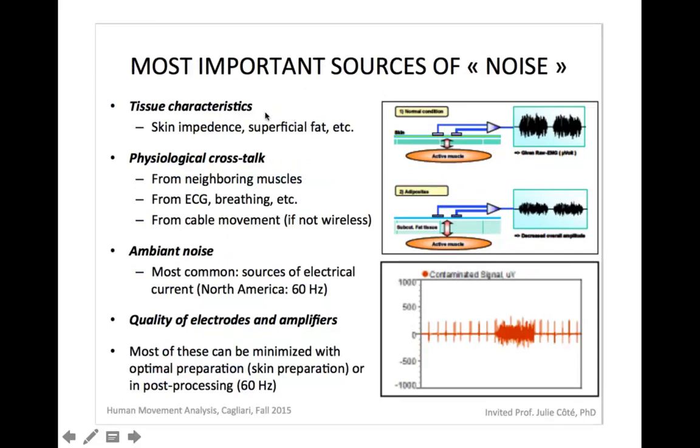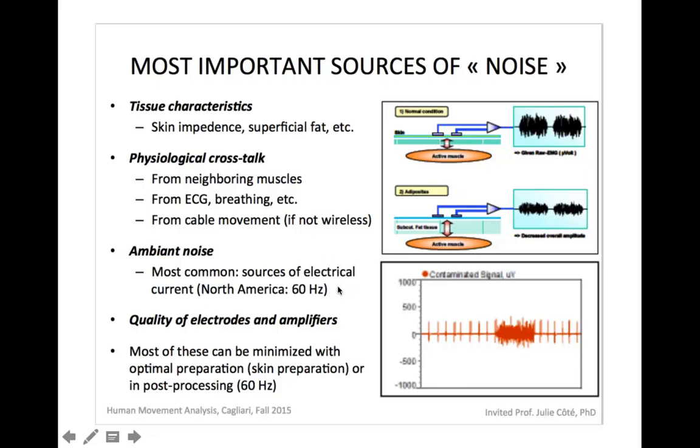Some of the most important sources of noise are tissue characteristics. So once again, we will discuss this again in Chapter 5, sort of your skin impedance, how much fat do you have, are you hairy, do you wipe away the skin oils before you make your measurement, lots of things like that. Physiological crosstalk, so crosstalk from neighboring muscles, from heart, breath, from movement of the cables if you're not wireless.